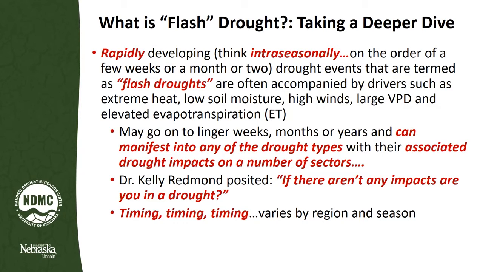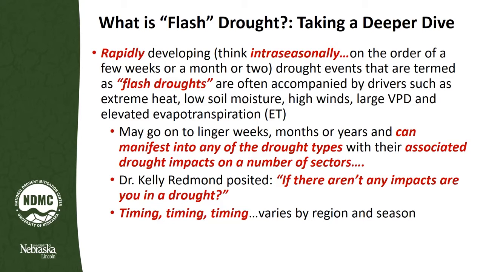So it's not the only type of drought, but I think the awareness of this rapid onset drought and the impacts that can come certainly could linger weeks or months and become an agricultural drought or a hydrological drought, more of the traditional definitions you're probably familiar with, that affect so many sectors. So I think there's a need for the awareness of this new kid on the block.